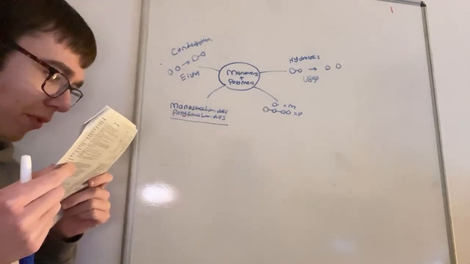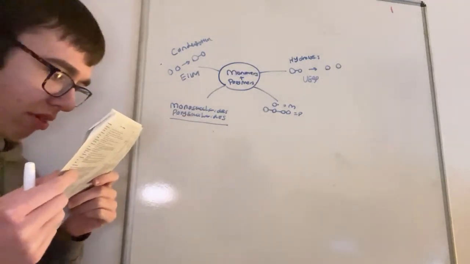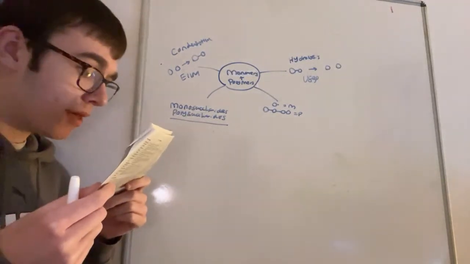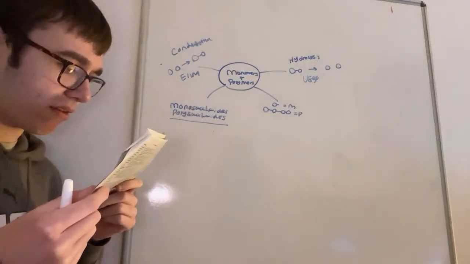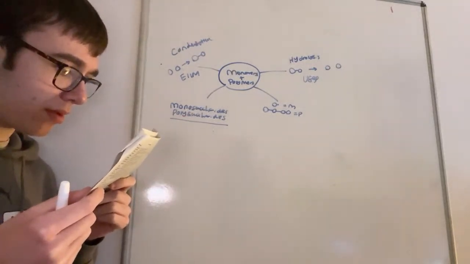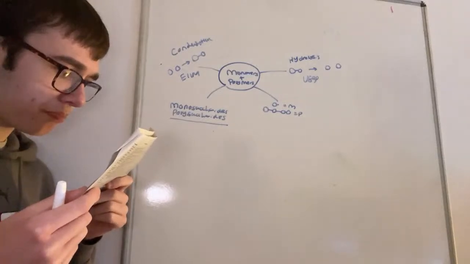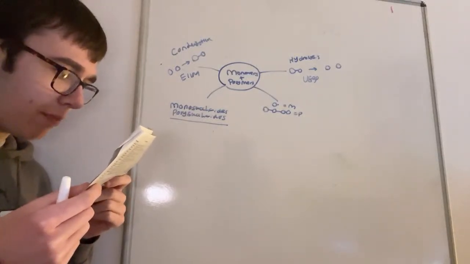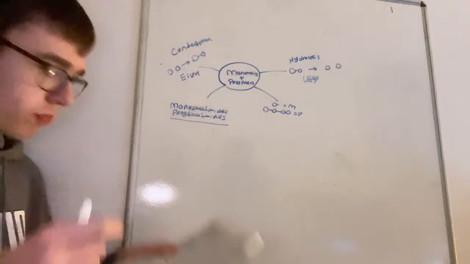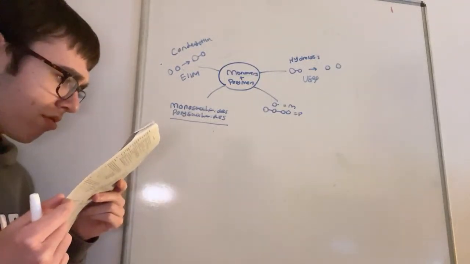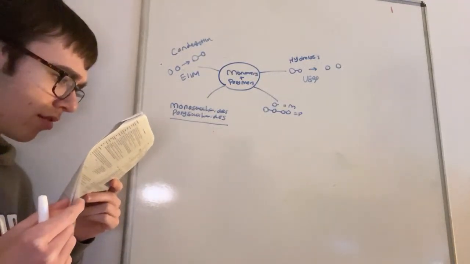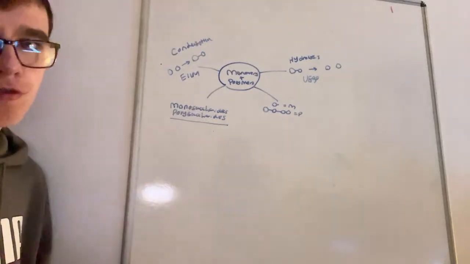What else we got? Organic molecules are molecules containing carbon that can be found in living things. Yeah, we just talked about that. Covalent bonds are when two atoms share a pair of electrons.